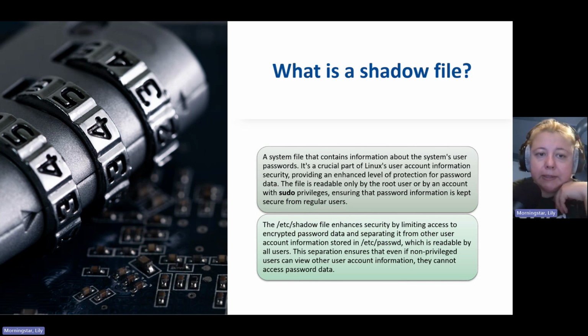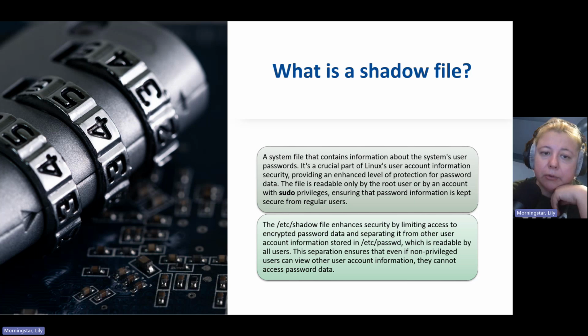The shadow file is a system file that contains information about the system user, and it's a crucial part of Linux user account information. It's specifically for security of passwords, right? And it has an enhanced level of protection for password data.